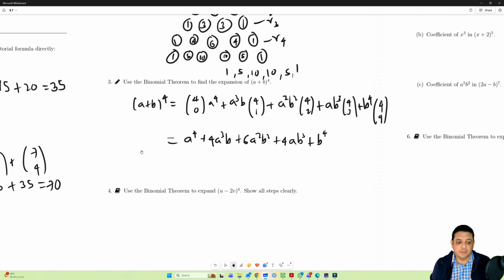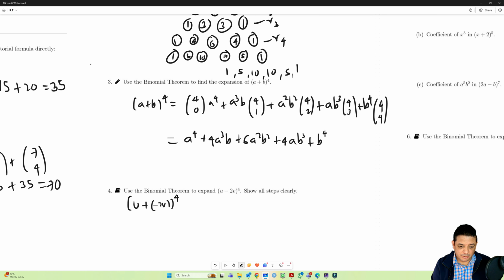Now we can do the same type of binomial expansion, but with something like u minus 2b to the power of 4. In general, we can see this as u plus minus 2b as our b, to the power of 4. So we just apply what we have from before.